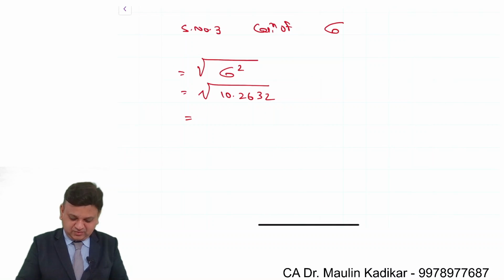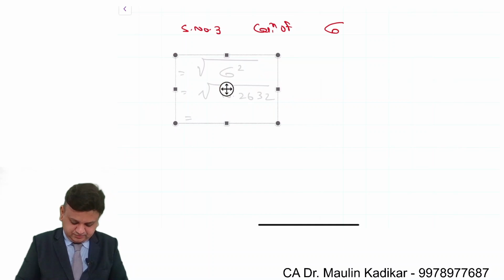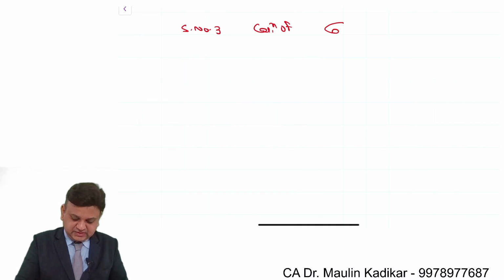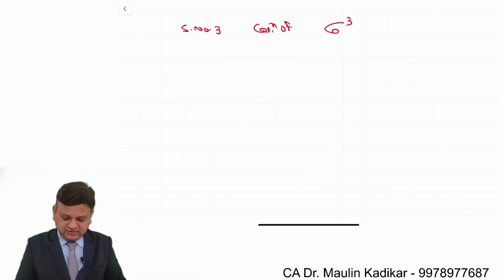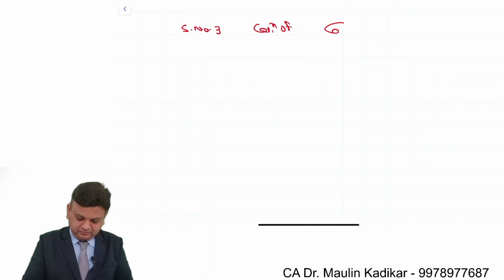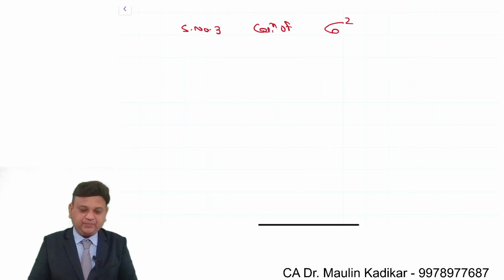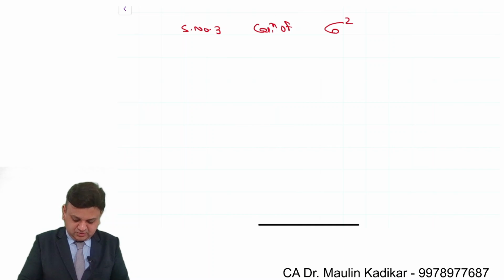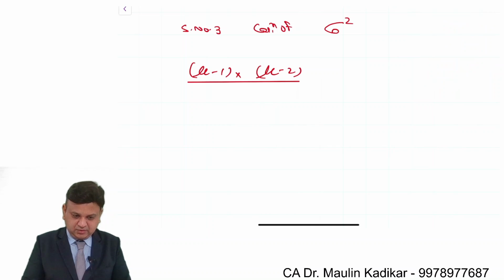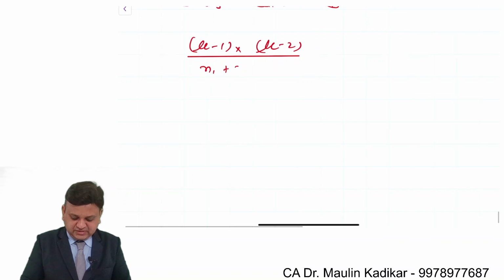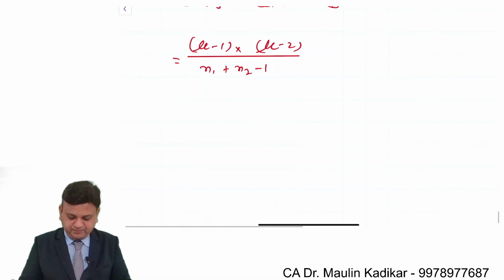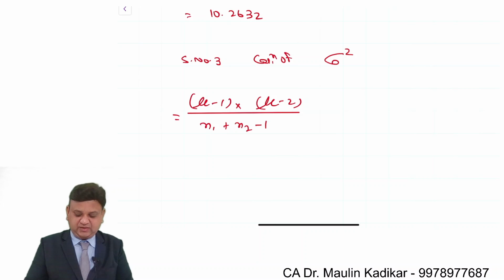Variance is required to be calculated. It will be calculated as mu minus 1 into mu minus 2 divided by N1 plus N2 minus 1. This is the way the variance is calculated.